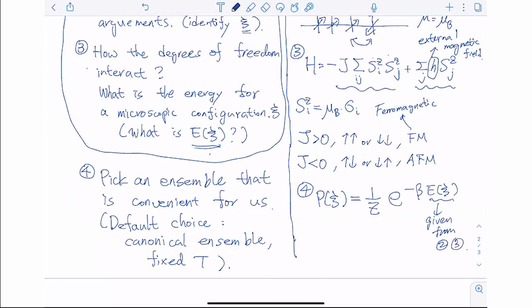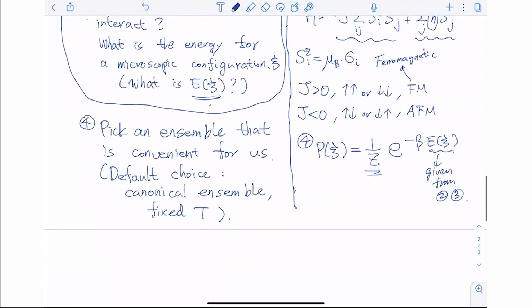And again, this partition function is something that we already defined, so I was not going to write it down. Maybe I'll write it down because it requires us to really do some calculation.